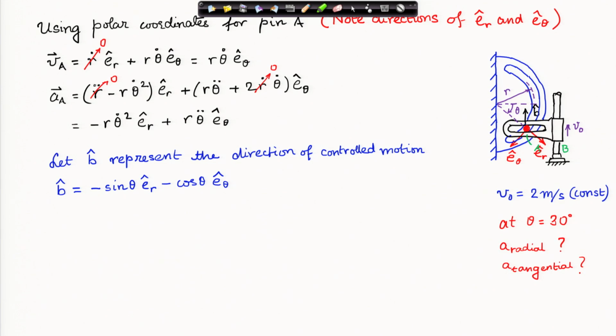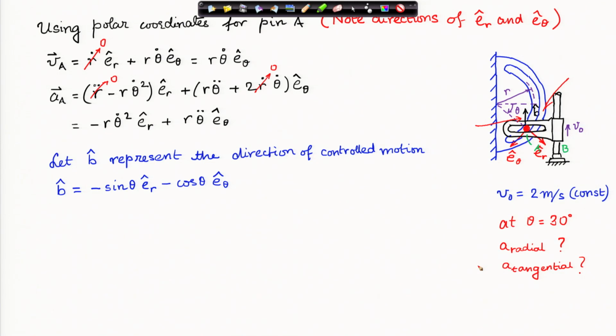Now, it is mentioned that this horizontal slot is moving up at a constant velocity of 2 meter per second. What I have done here is I consider this vector b cap, which is vertically upwards, shown by this black arrow. So, that is a unit direction, I represent it as b cap.